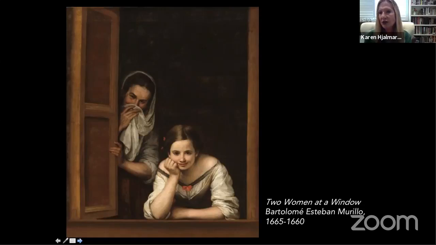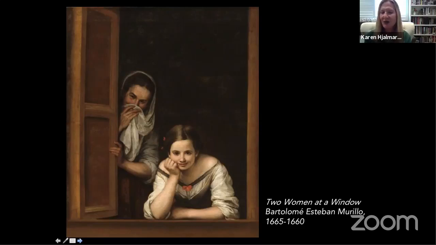So what I want to show you is this comparison to the next artist I'm going to show you, who is much more serious. And not to say that crucifixion wasn't serious, but Murillo likes sort of the softer side of things. And he shows a non-religious, this is an aristocrat, and she's gazing out a window and she smiles.